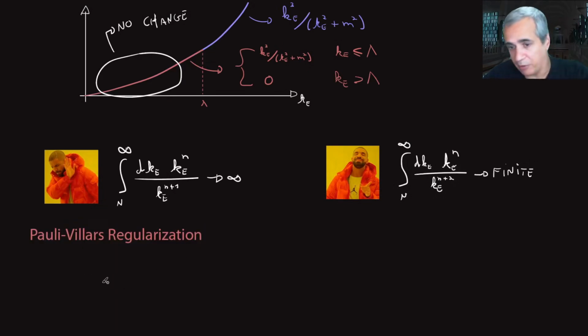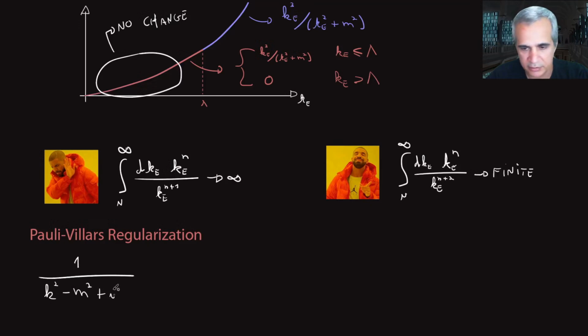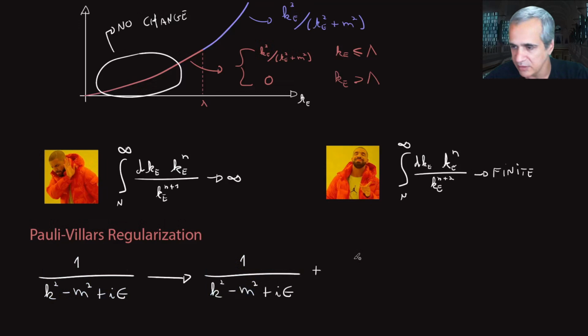So the Pauli-Villars regularization consists in replacing one or more propagators inside your integrals. In this way, you take, say, a propagator like that, and you replace it by the same propagator plus some new contributions, which I'll write like that.